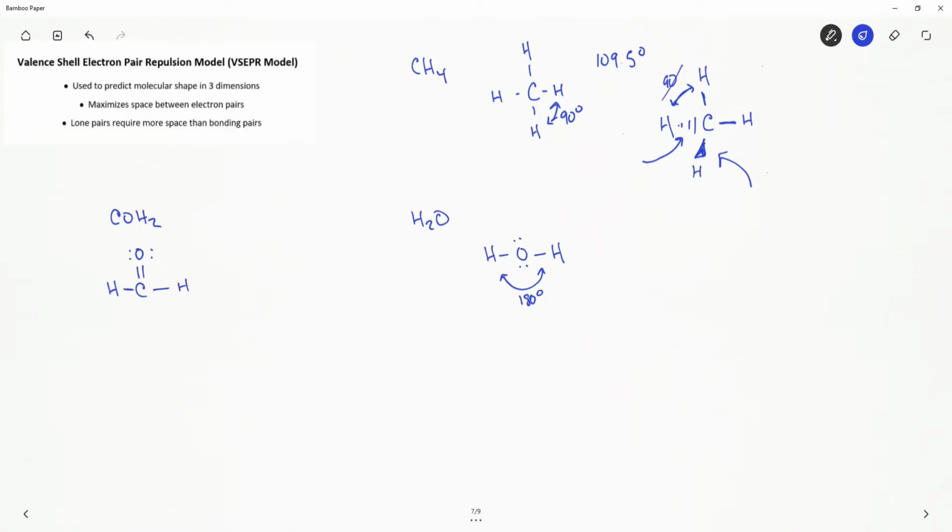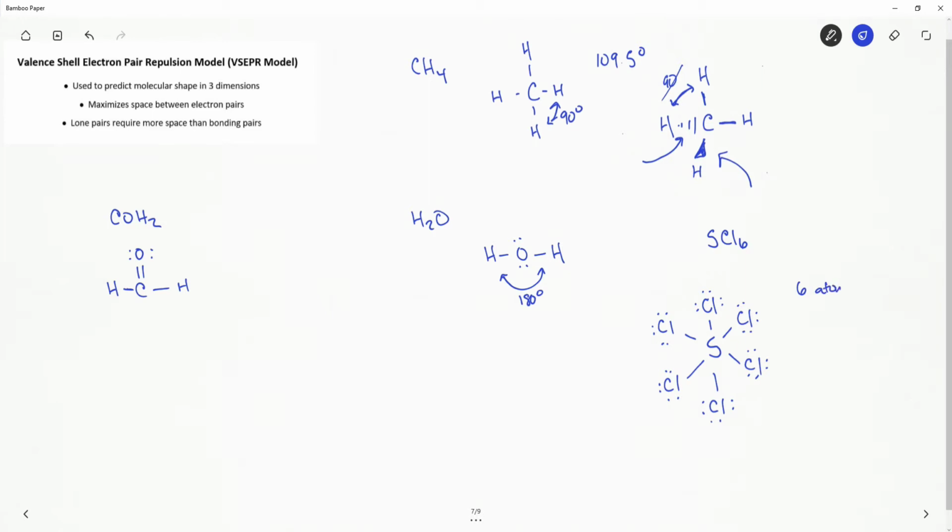Let's take a look at the Lewis structure of sulfur hexafluoride. Before we switch over to our VSEPR table, we need to remember that we have 6 atoms bonded to a central atom, and that the sulfur, the central atom, has 0 lone pairs.